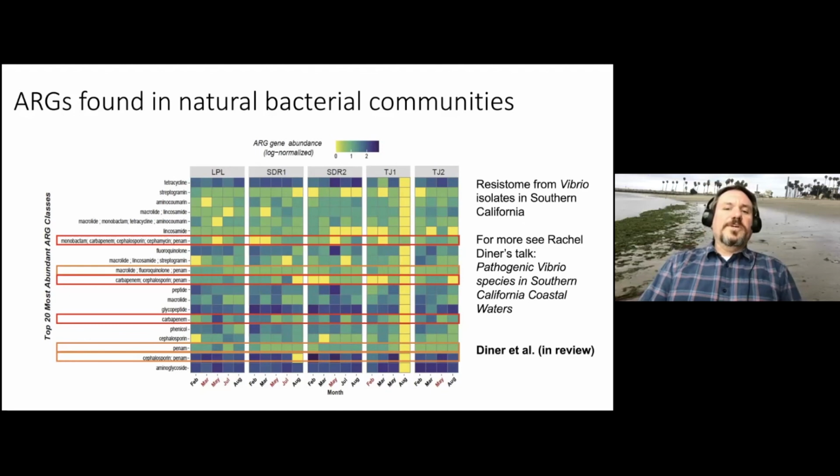So in quick summary, we can not only see reduced but not eliminated resistance genes in sewage, but we can track that sewage and track resistance genes into the beach and ocean waters in Southern California.